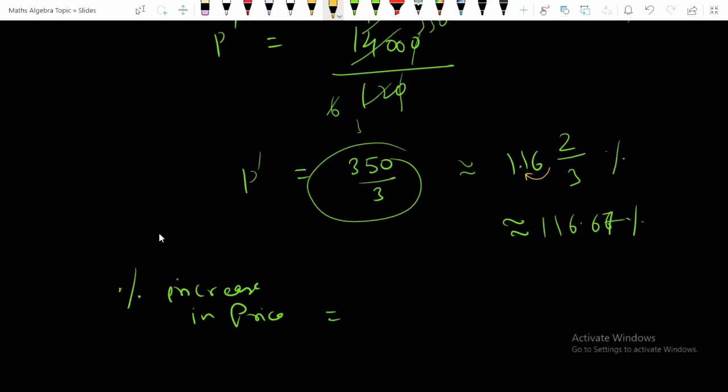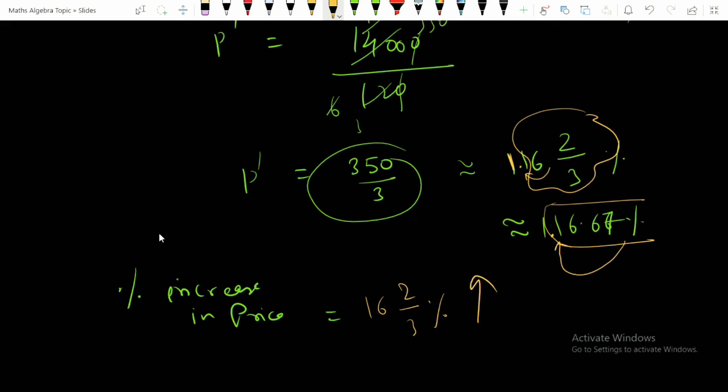Just put it here, and this is your percentage increase, 16 2 by 3%. So here, put the decimal, and this is the percentage change.